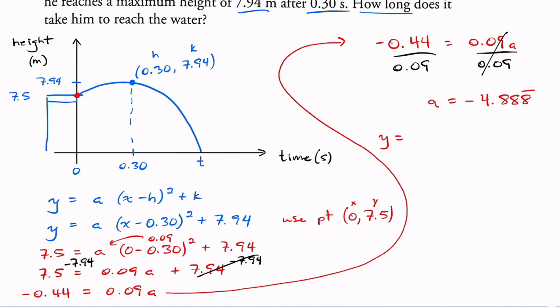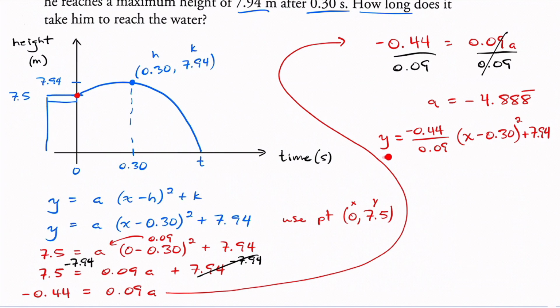My function is going to be what we had right over here, but now I know the a value, so I'm going to replace it with this a value. I wrote in that a value right here. I used the fraction that we had before, so that when I put this into my calculator, I don't have to put in a bunch of 8's or round this. If I put in the fraction, it's going to be more accurate.